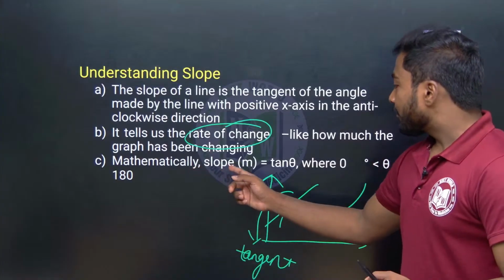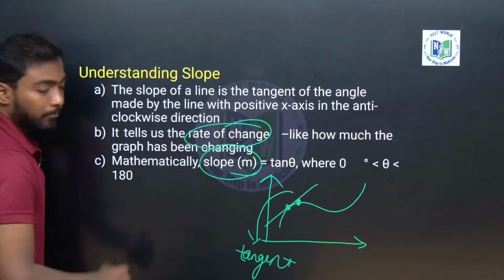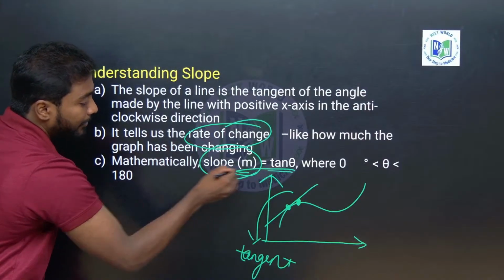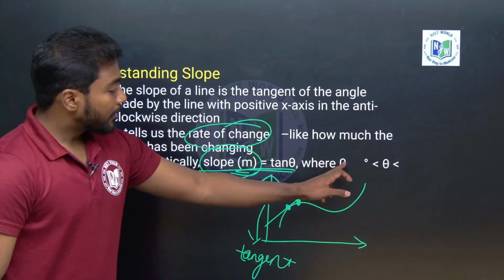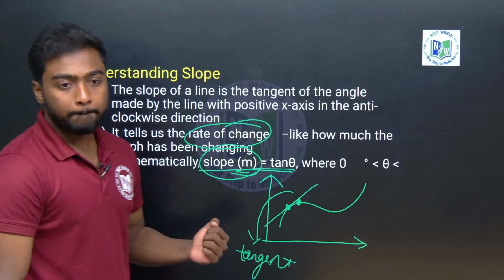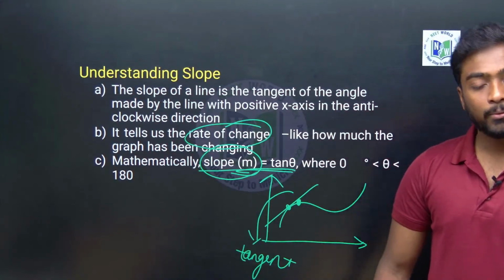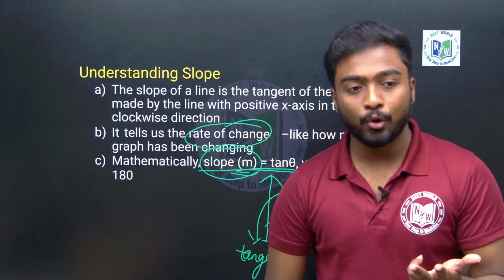Mathematically, the slope is determined in terms of m, which is nothing but tan theta, where theta is between 0 to 180 degrees. We will see where the slope is positive, where it is negative, where it is infinite and where it is 0.